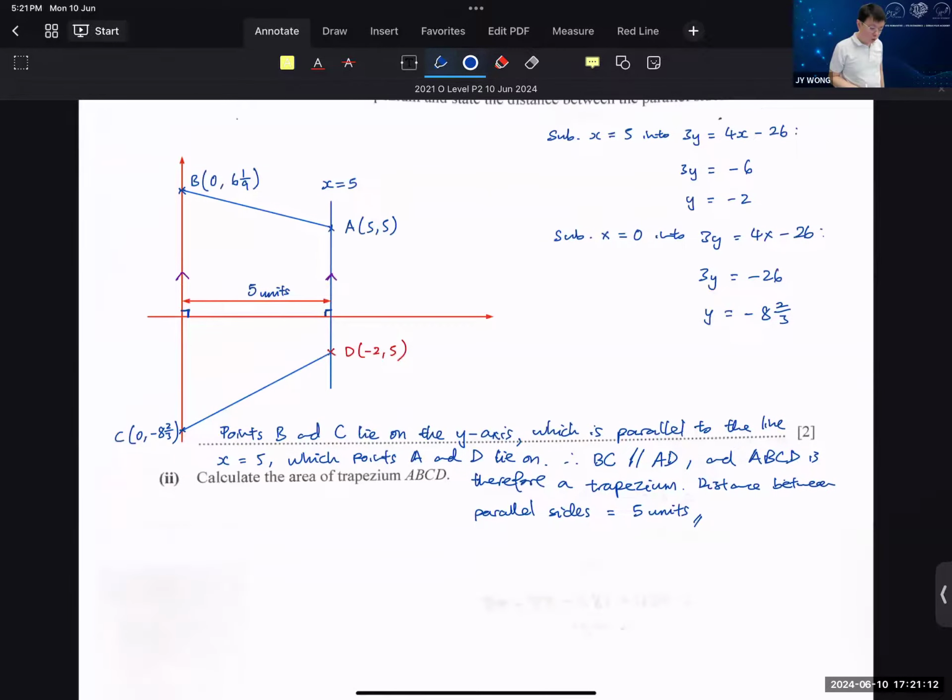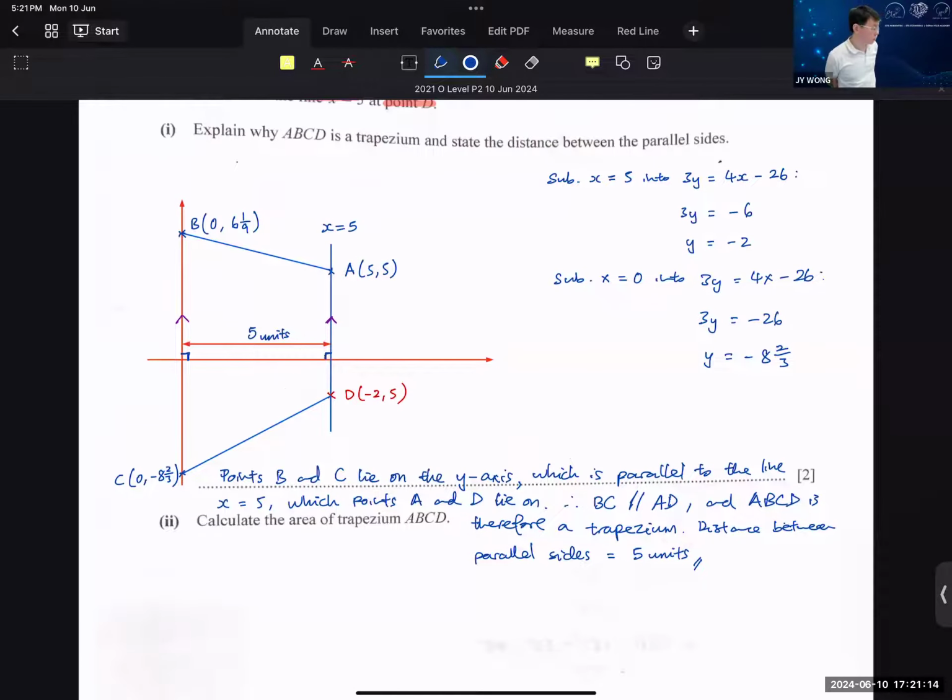So actually quite a lot to do for this 2 mark question, interestingly. How is this 2 marks? It's 2 marks because in terms of the number of steps, it's not a lot. If you look at working wise, what do you have only?